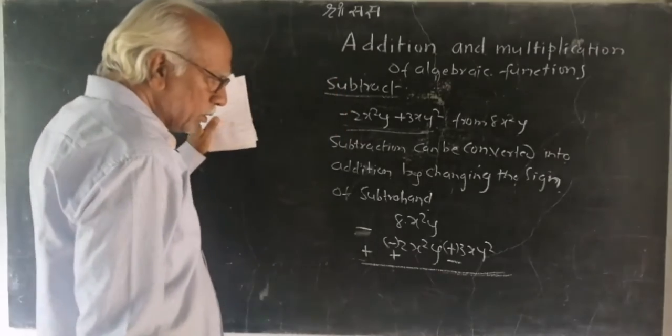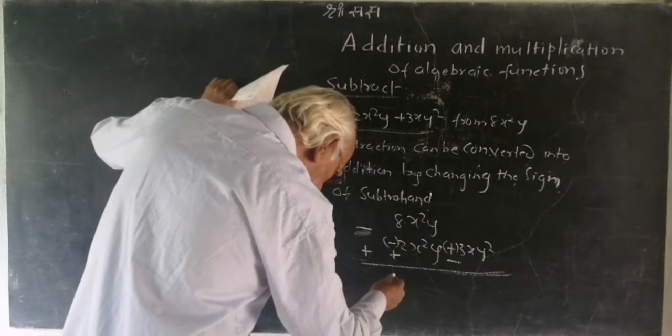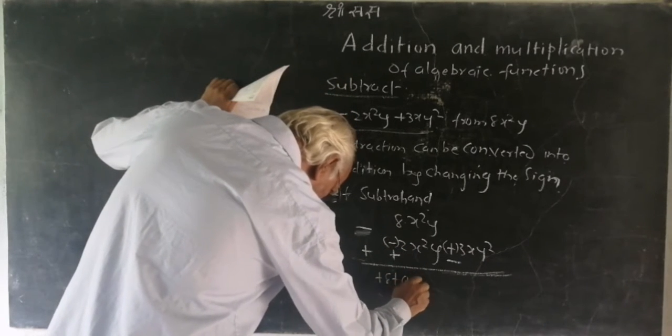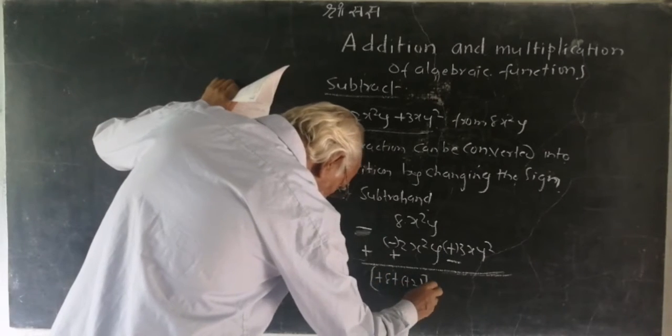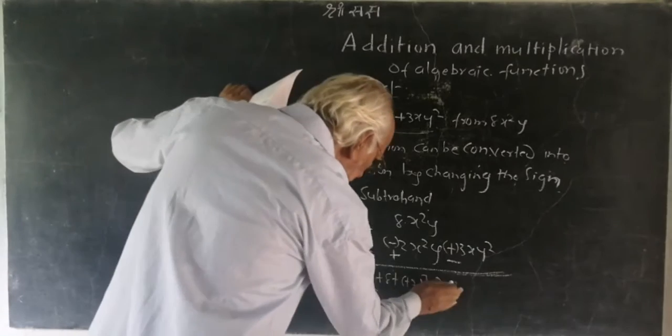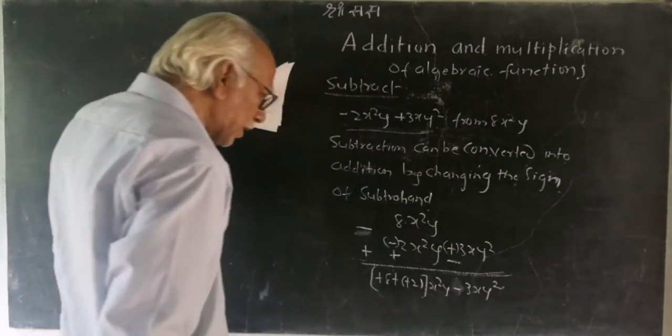So now we will be subtracting. Now 8 plus 2. If you write down plus 8 plus of plus 2 into x square y, then here the sign is changed. So what will we be getting? Minus 3xy square.